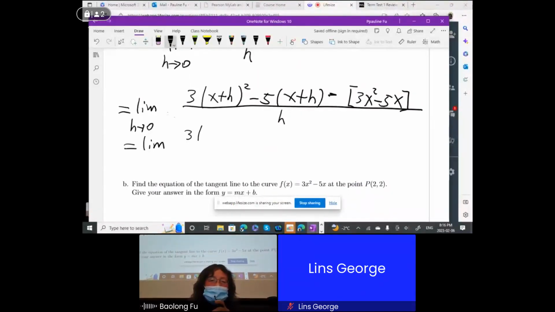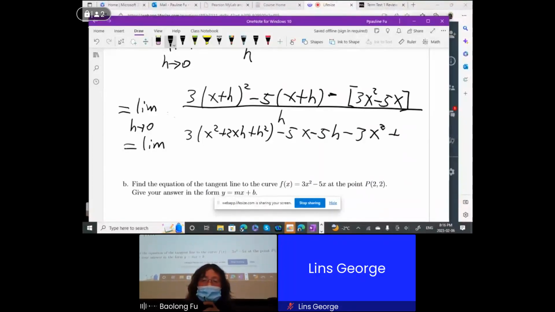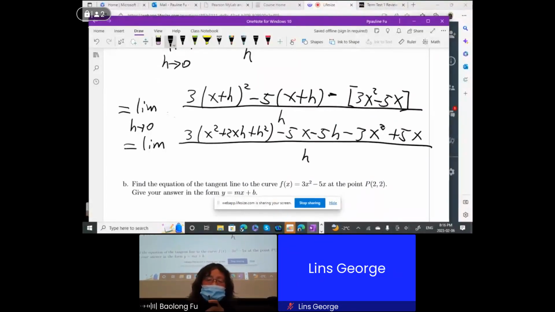So 3x squared plus 2xh plus h squared minus 5x minus 5h minus, just take away the bracket, over h.